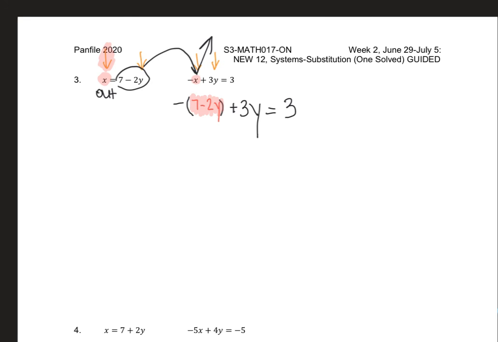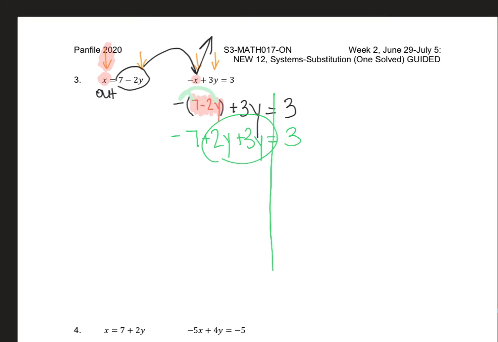Now, when I distribute the negative, I get negative 7 plus 2y, and then plus 3y equals 3.